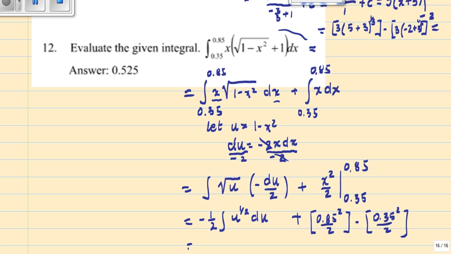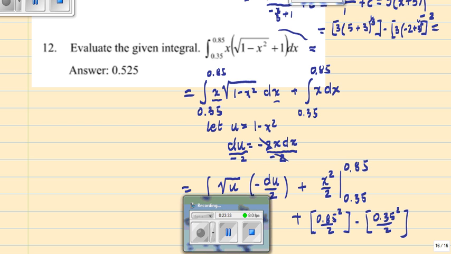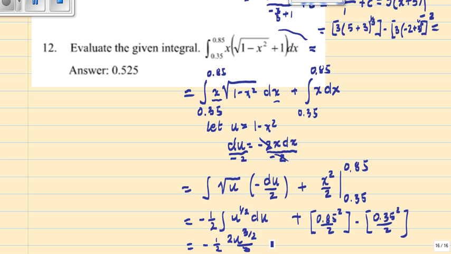and the first part, it's minus 1/2 u to the power of 3/2 divided by 3/2 times 2/3, and then plus whatever we get from here, and then evaluate again for u.